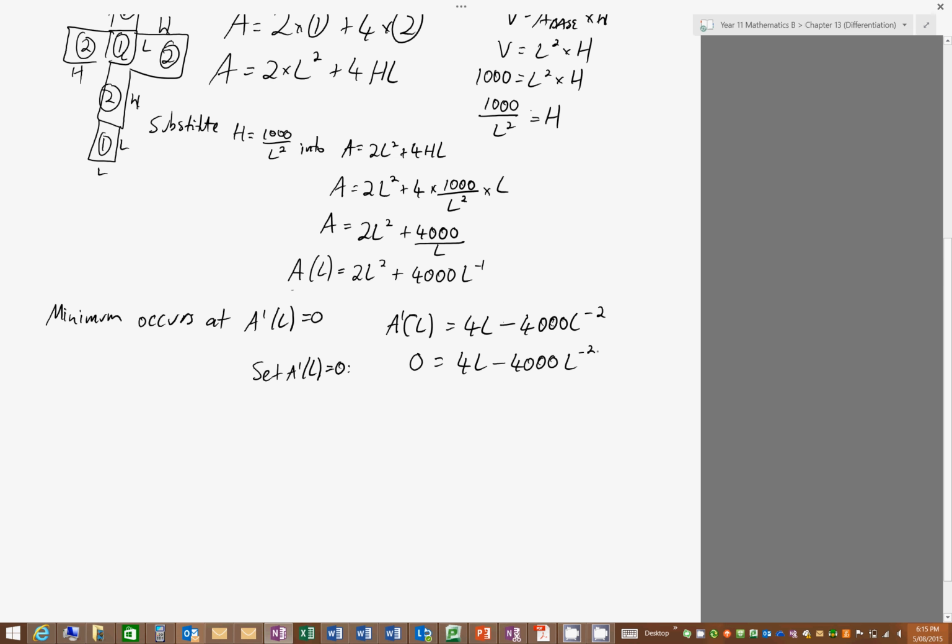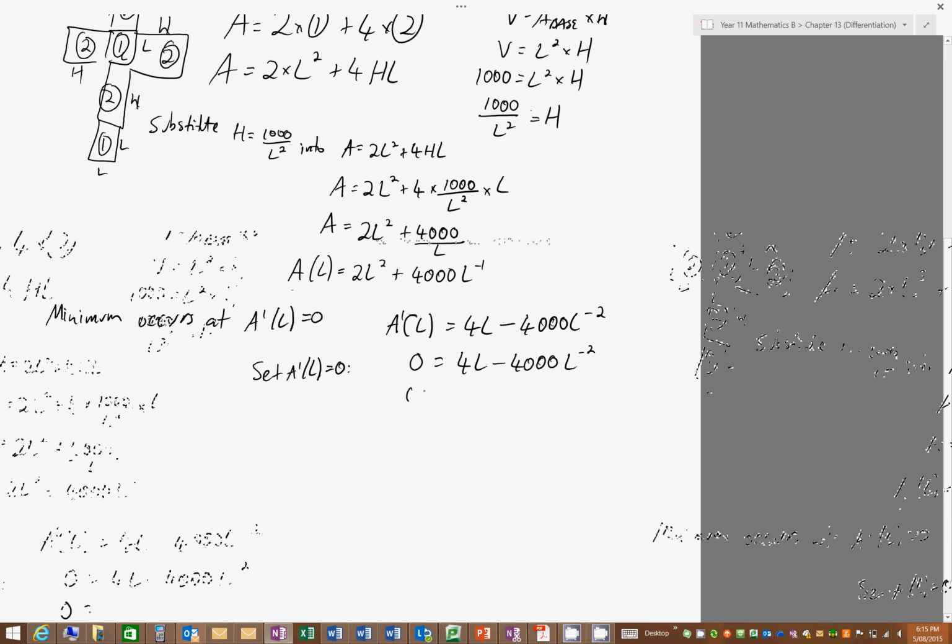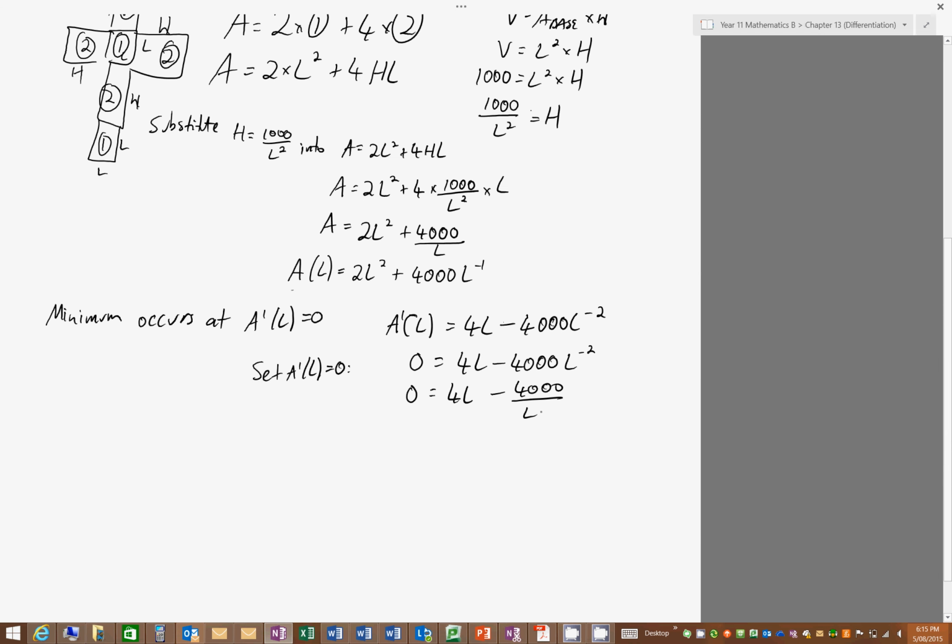Do the same thing as before. Okay, so I'll write the L with a positive power. I can times everything by L squared. This time I'll bring this negative term to the other side. Okay, just to mix it up for a bit.